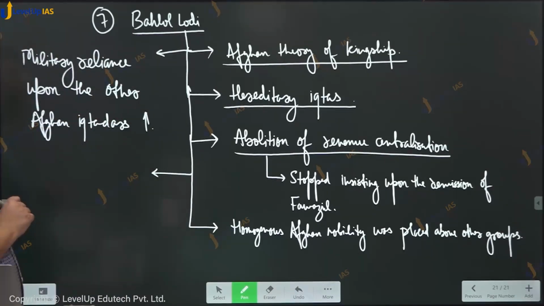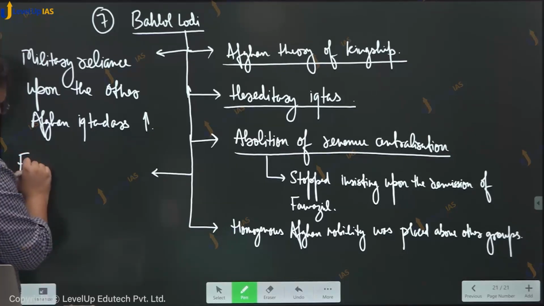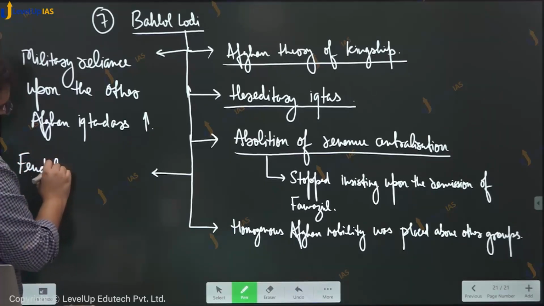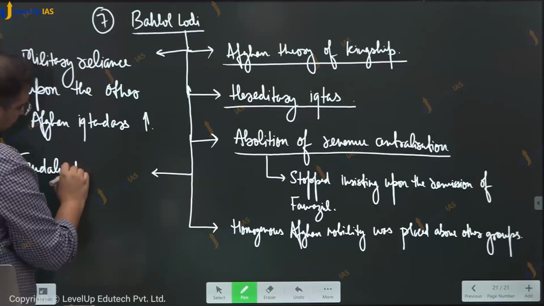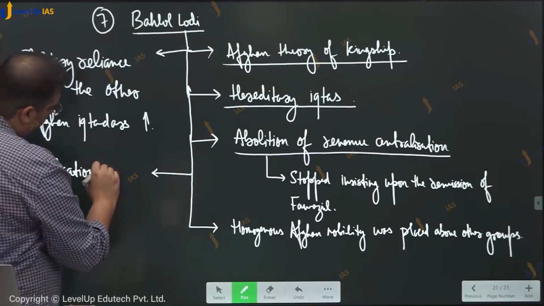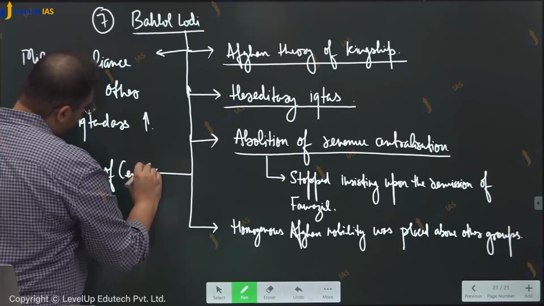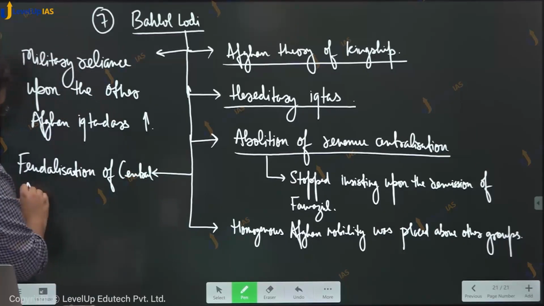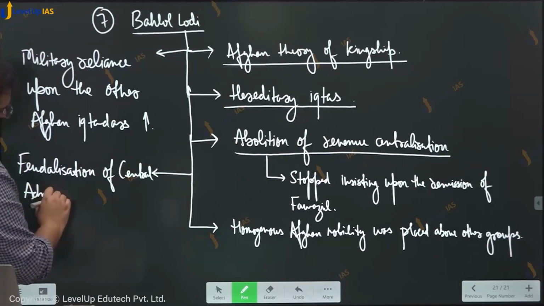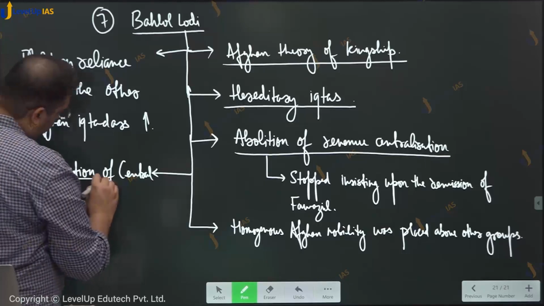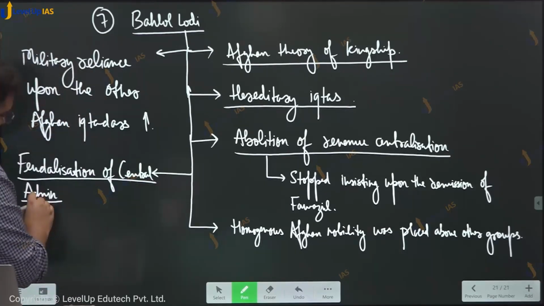In fact, there was also a feudalization of central administration to a great extent.